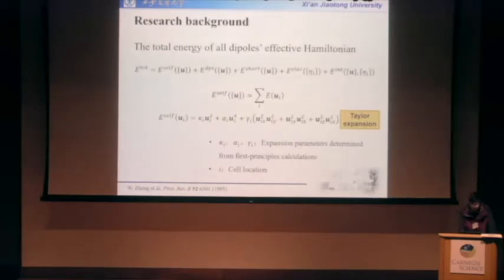The most reliable method is the soft mode theory. As we can see, the total energy of all dipoles, the effective Hamiltonian, can be written as this function. The dipole energy itself can be written as this equation, depending on Taylor expansion, and kappa, alpha, gamma are parameters determined from first-principles calculation. And i means the cell location.